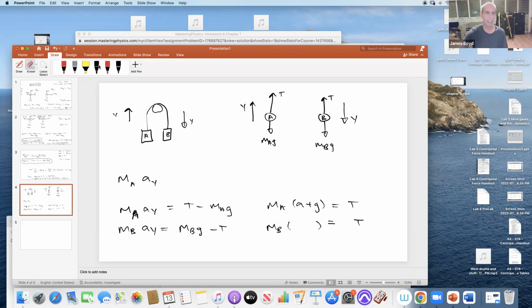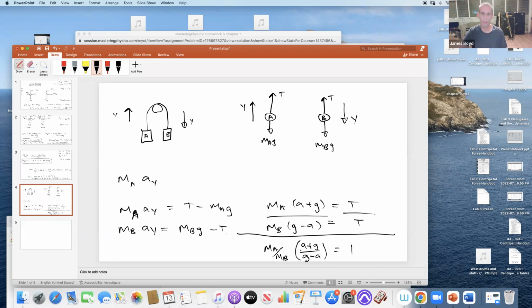So I get g minus a now. This would be m_B (a minus g), which is minus m_B (g minus a), but if you multiply both sides by a minus sign, then divide through by this, what I get is m_A over m_B times (a plus g) over (g minus a) is equal to 1. So you're just dividing both sides of that equation. If I multiply by the reciprocal of this, what I get is (g minus a) over (a plus g).